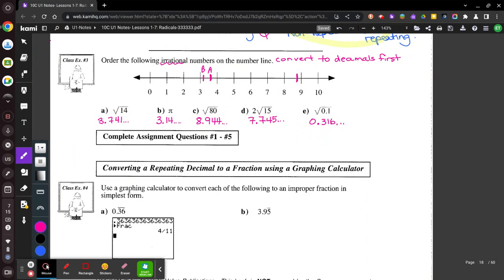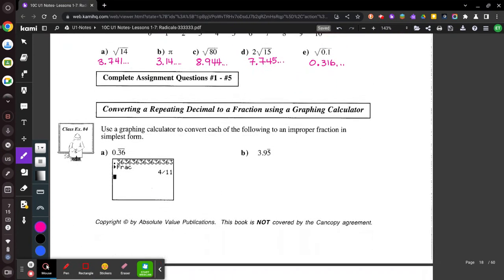It's not quite 9, but it's really close. There's our C. D, 7.7, again close to 8, but not quite there. There's our D. And then letter E, 0.316, is not quite halfway between 0 and 1. It'll be closer to the middle, but not quite halfway. So that's going to be letter E for us.